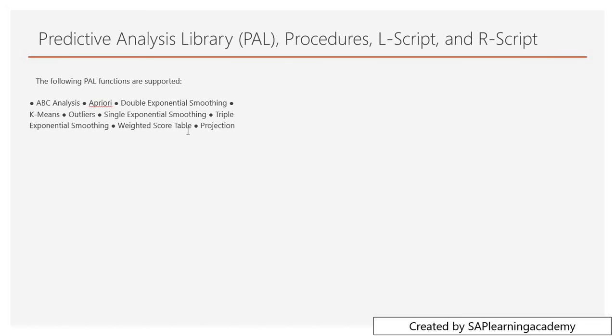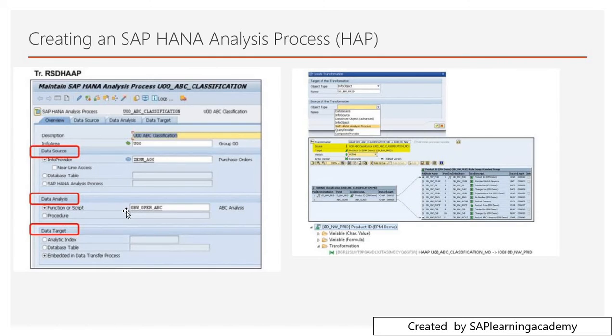Now, moving forward, how to create the HAP. In this slide I depicted some pictures of how to create HAP in SAP HANA. On the left-hand side screenshot, you can go to the transaction RSDHAP, and there you can find the option to create the HAP.